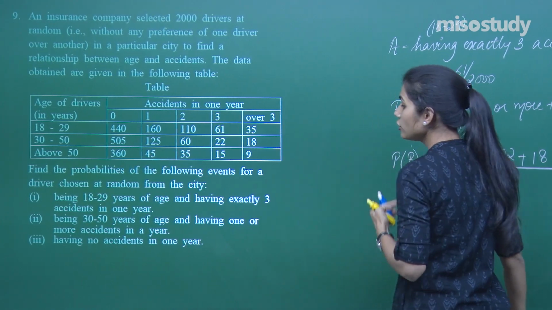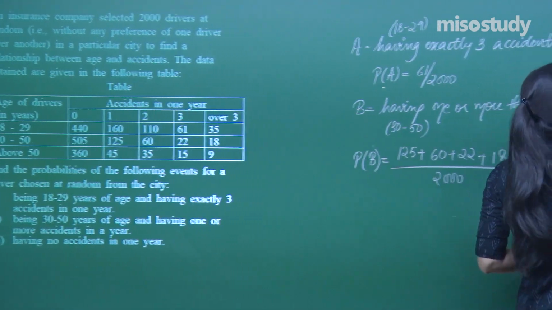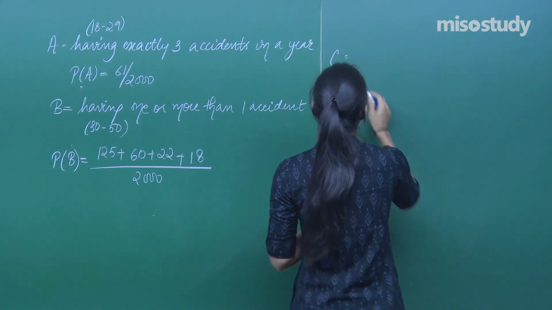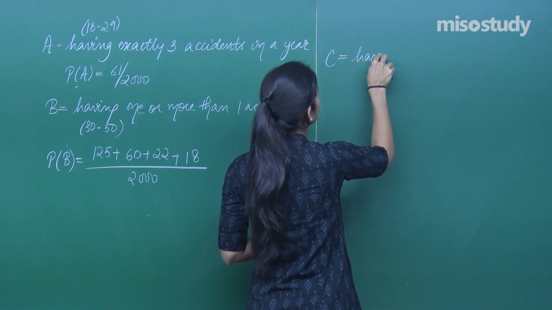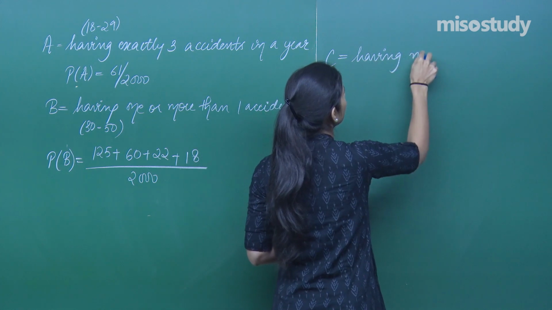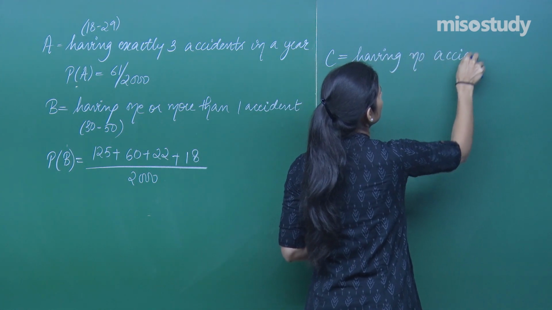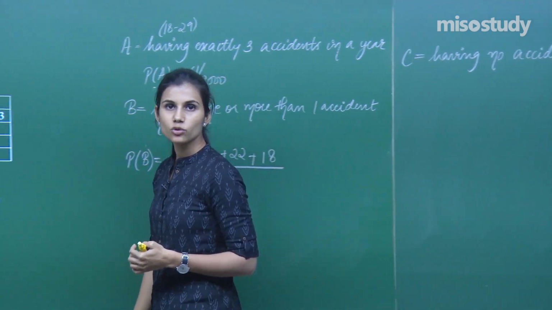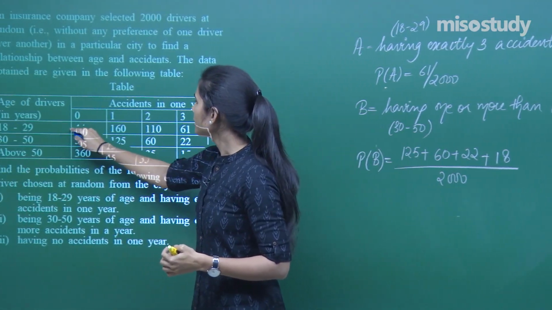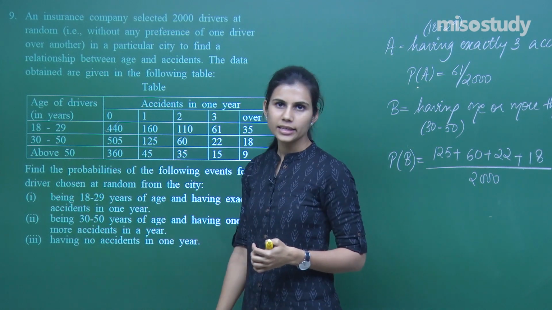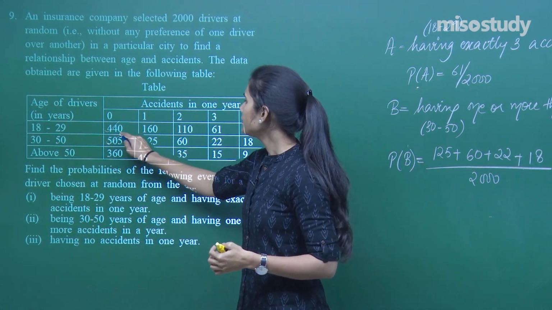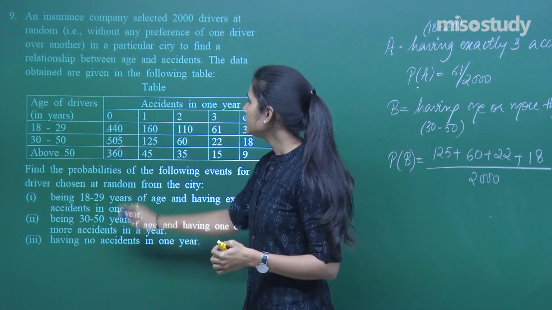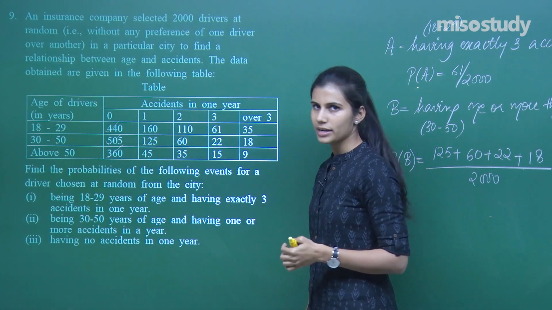Then you have having no accident in 1 year. Having no accident in 1 year, there is no age group specified. So, out of 2000 drivers, how many drivers are there which are having no accident in a year? 440 drivers in the age group of 18 to 29 are having no accident in a year. 505 in the age group of 30 to 50 are having no accident in a year and 360 in the age group of above 50 are having no accident in a year.